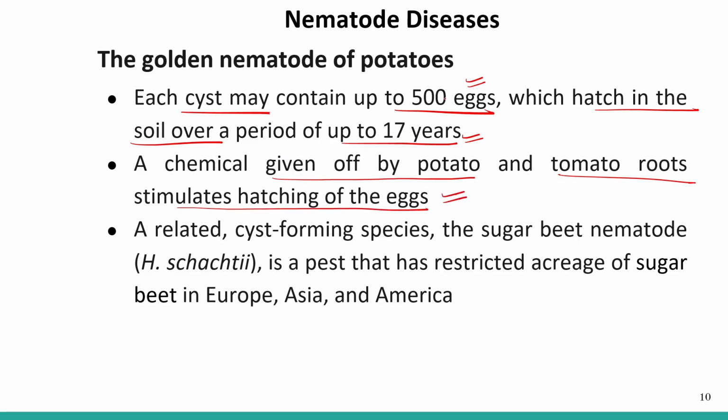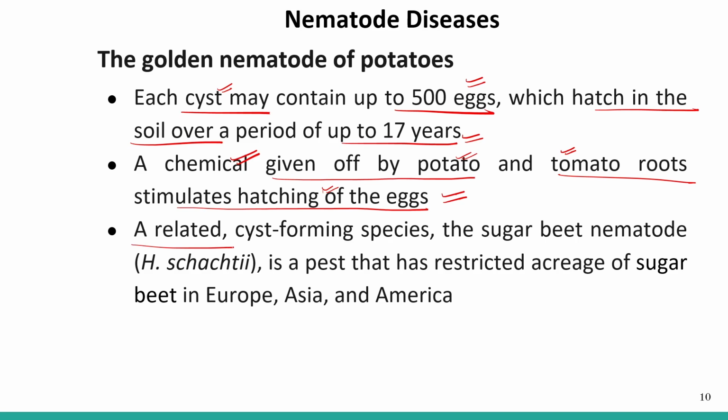So these cysts may be present in the soil. When you sow potato or tomato in that particular field, the chemicals released by the roots of the potato and tomato help to hatch out the eggs.